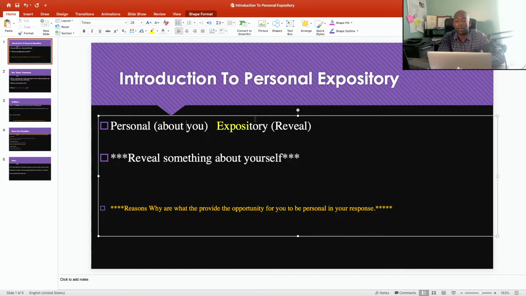Personal means about you, and the root of expository is the word expose. I like to point that out, which means to reveal. And so that is the genre or classification of writing that this particular essay prompt or style of prompt is intended to produce. Okay, so just wanted to make sure that's nice and clear before we get started.